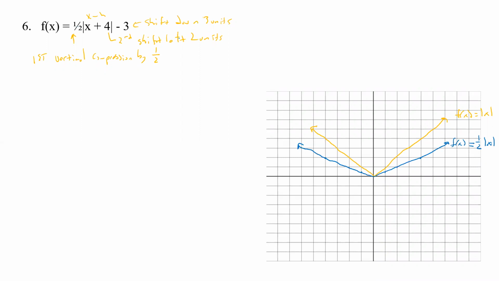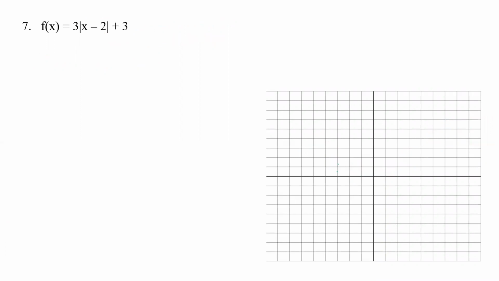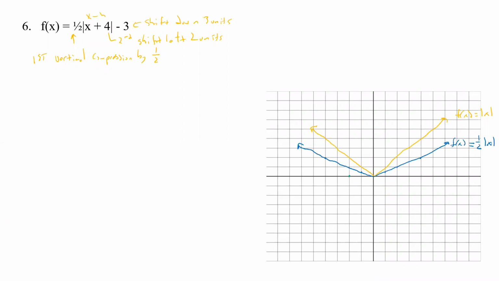Now the second part, we're going to shift left 2 units. All right, so let's go green here. And so shifting left 2 units, we're going to go 1, 2. And so then we go here, 1, 2. Okay, let's go back. So here we're here, 1, 2. Did I miss this one? 1, 2.